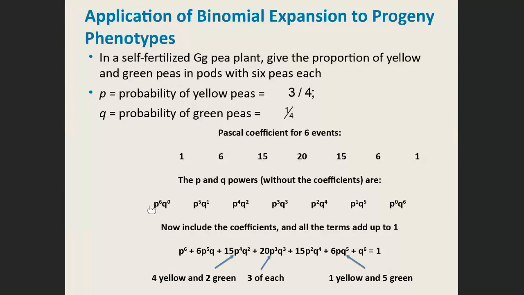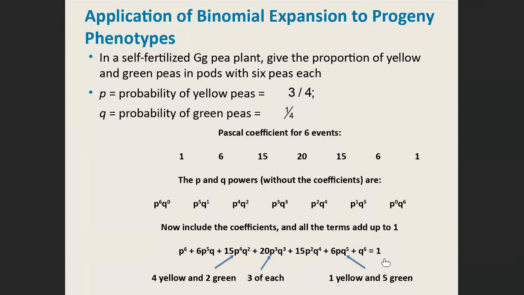So we start with P6, P5Q1, P4Q2, etc. The powers of P and the powers of Q always equal 6, which is the number of events that we're considering. You include the coefficients. So it's P6 plus 6 P5Q plus 15 P4Q2, etc. This all equals 1. So you add all these events.